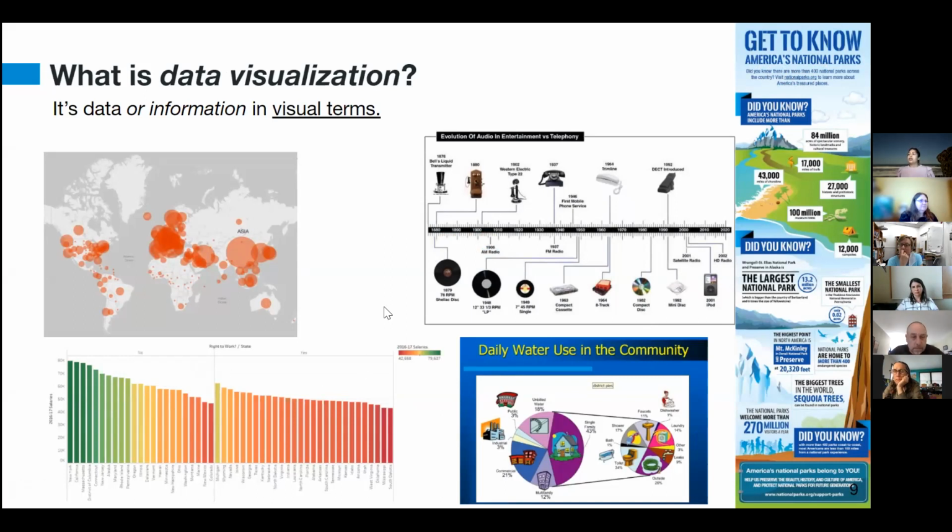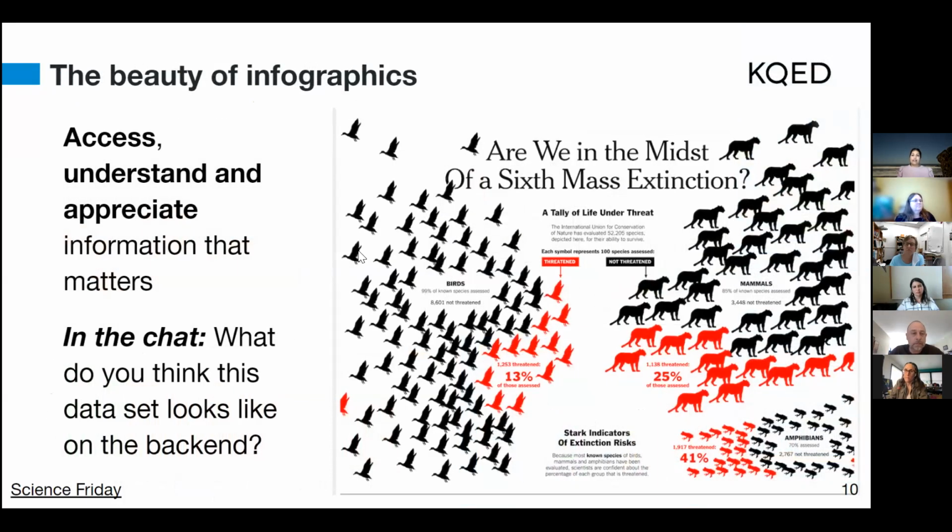There are more traditional bar graphs or pie charts that we often think of when we hear graph. So there are lots of different ways to visualize information. And when we combine them together, we can create a single graphic that's an infographic, or just data in visual terms.